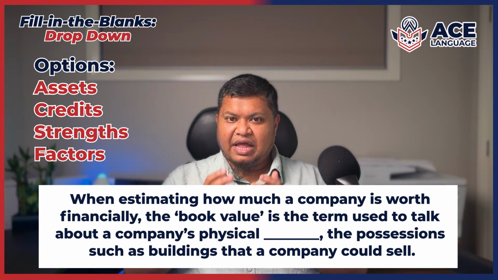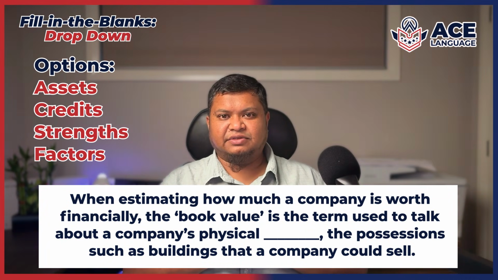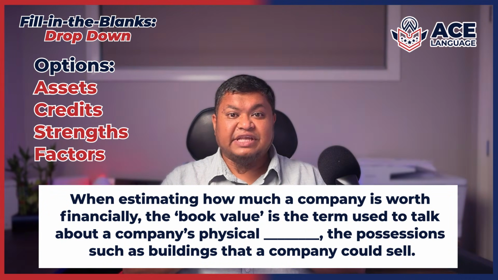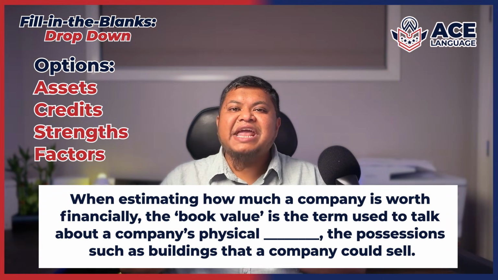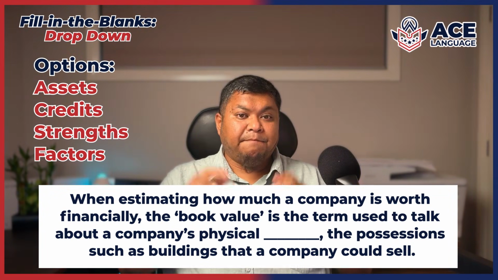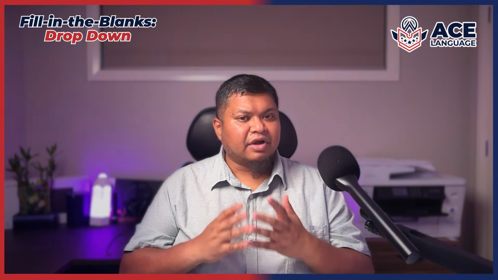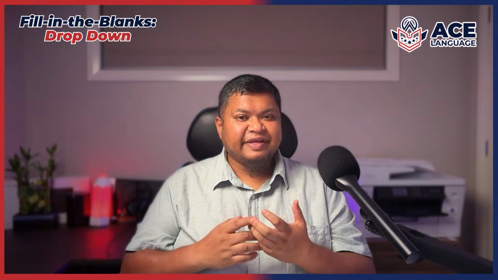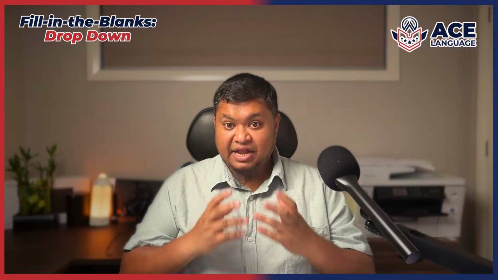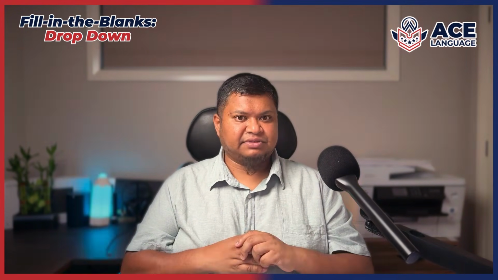Options are assets, credits, strengths, and factors. All 4 options here are nouns. That means you cannot really eliminate any of the options based on grammatical necessity. So, grammar elimination usually doesn't work. This is mainly about meaning and natural word combinations in academic English.